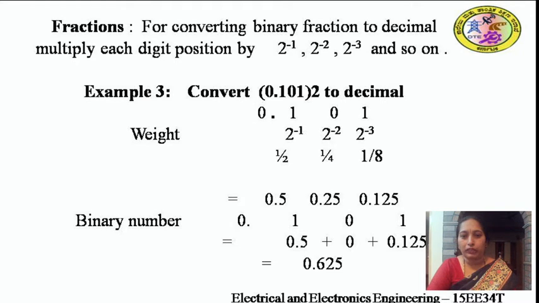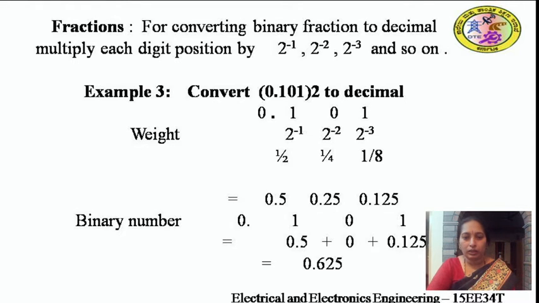The starting point will be the first bit after the decimal point, and the weight of this position will be 2 raised to the power minus 1. The next will be 2 to the power minus 2, the next is 2 power minus 3, and it goes on like that.